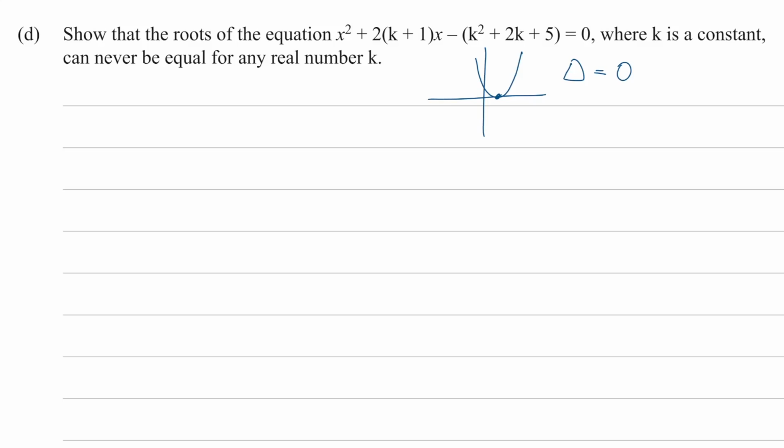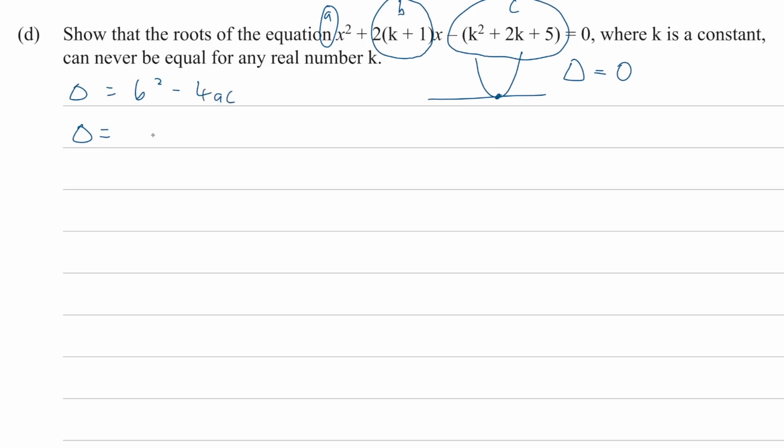So to get started, let's find the discriminant. A is 1, B is 2 bracket k plus 1, and C is minus k squared plus 2k plus 5. So discriminant equals b squared minus 4ac.